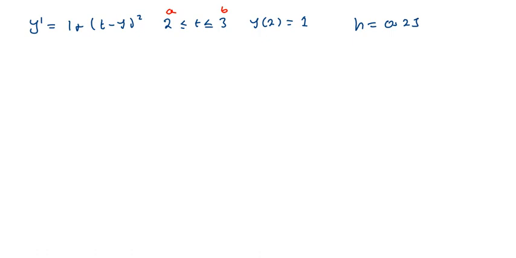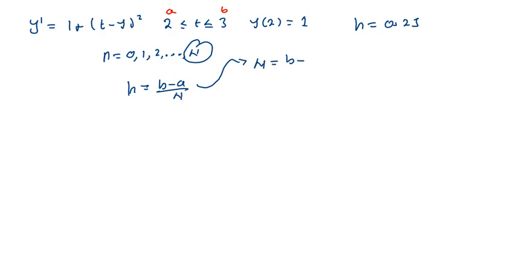What happens here is that we're talking about n starting from 0, 1, 2, going all the way to n, so I want to know what n is. Remember we said h equals (b minus a) divided by n. This tells me that n equals (b minus a) divided by h. What is our b in this case?